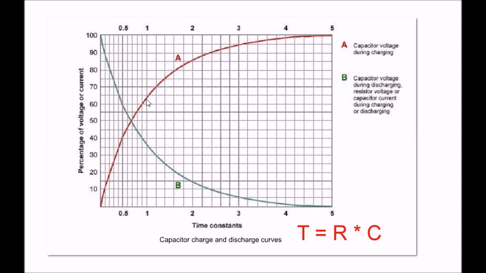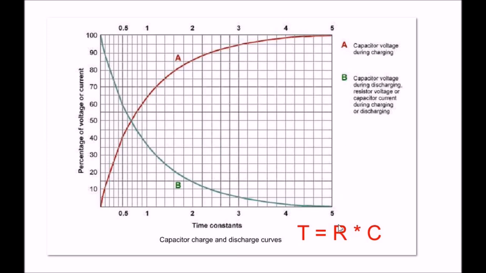But now the charging rate drops steeply. By the time you get into 2T, that's 2 time periods, you've only charged up to about 80-something percent. In most electronics, they teach you that it takes 5T, which is 98, 99%, is considered fully charged.